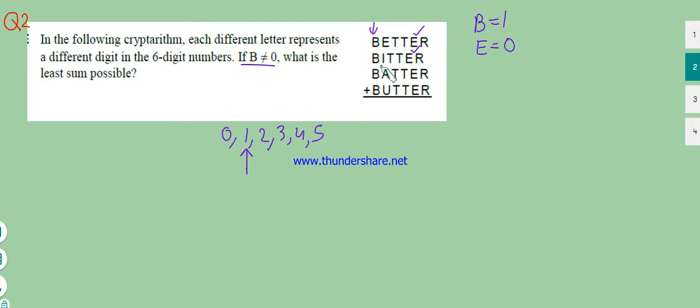Similarly, I, which is next to B, we should take these values minimum. So we will take I as 2, A as 3, and U as 4. Then we can take T as 5 and R as 6.